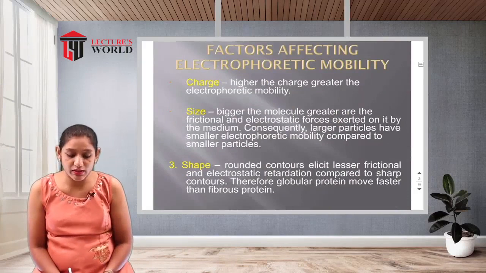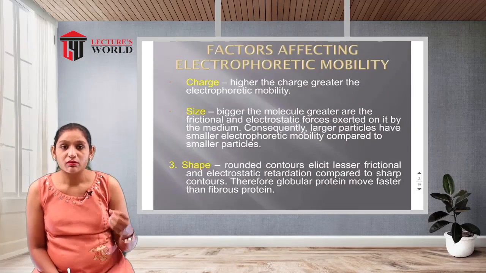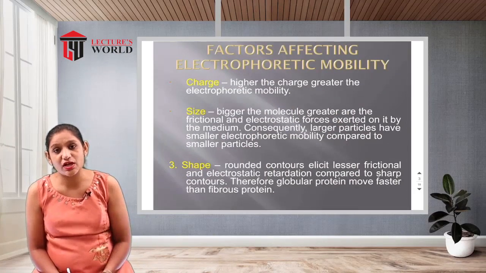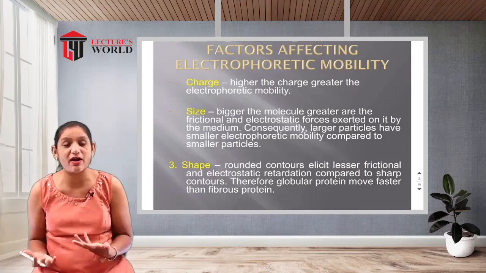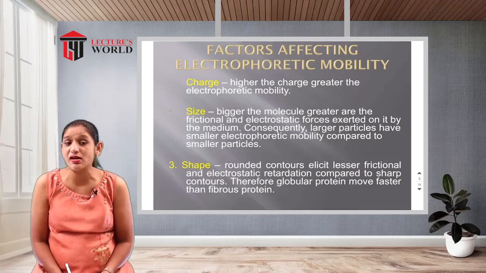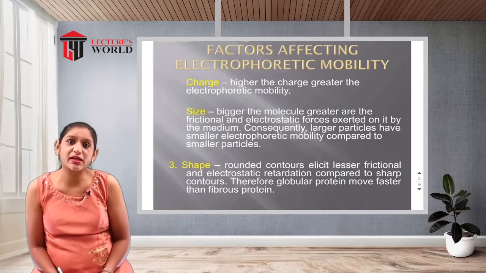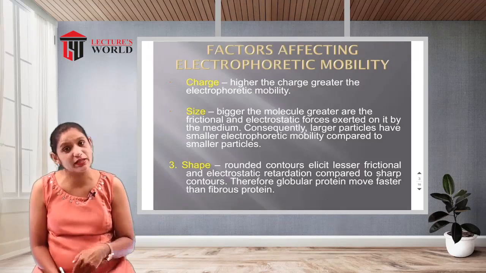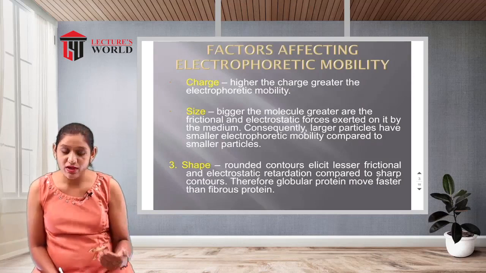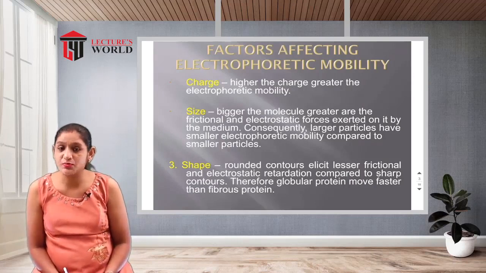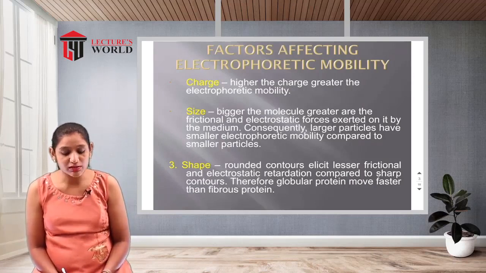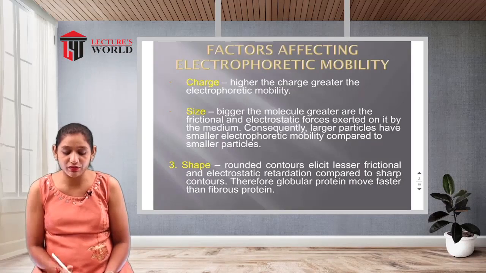Factors affecting electrophoretic mobility. What factors are responsible for mobility, meaning movement, and then separation in the electrical field? First, charge. This is most important. The higher the charge, the greater the electrophoretic mobility.